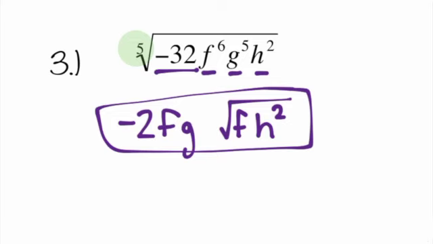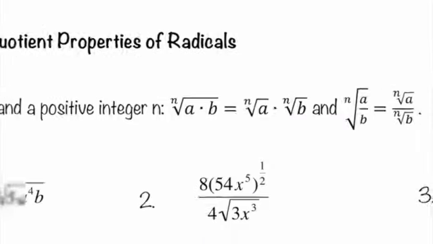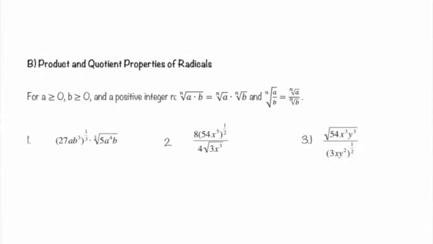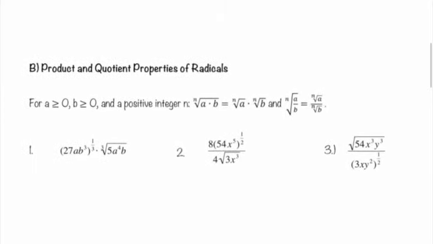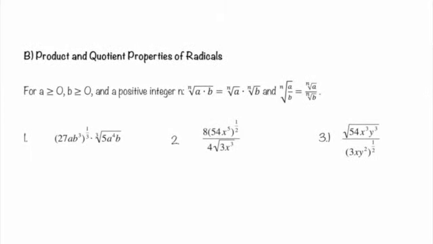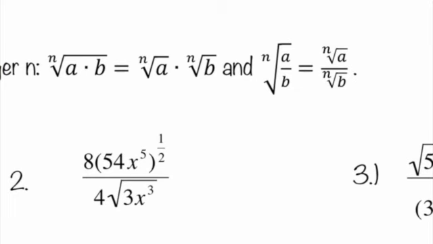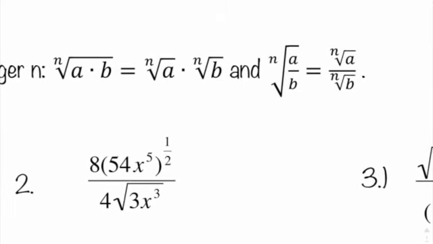The second part here, well, I guess it's sort of the third part, but the second concept here is going to be how do we multiply with radicals and divide with radicals. So it seems complicated, but all this really means here is that if you have things that are multiplied, as long as the index is the same for both radicals, you can multiply what's inside the radicals.